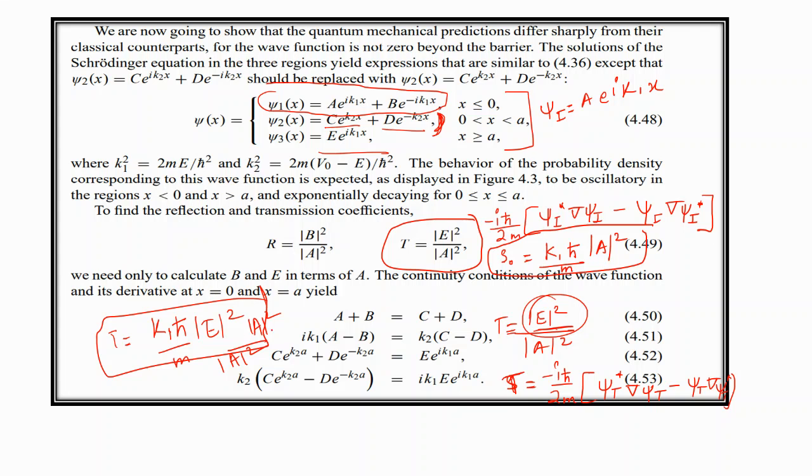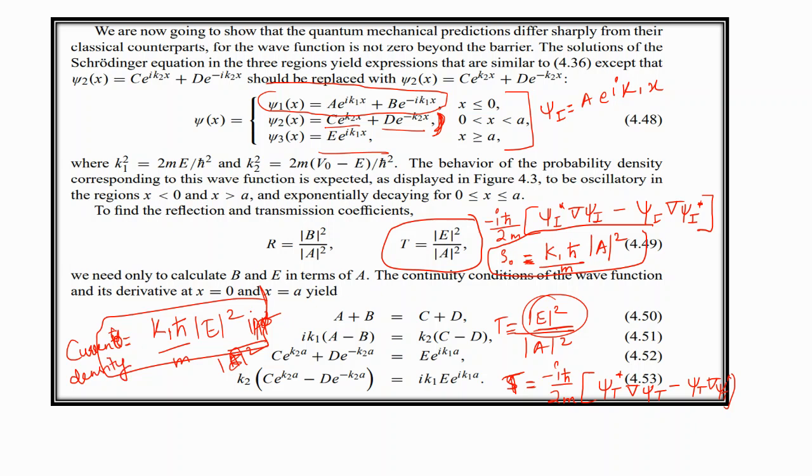This is the current density in the third region.